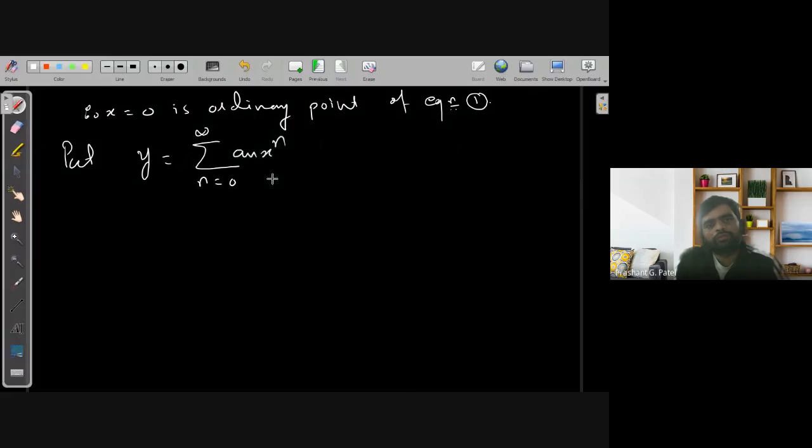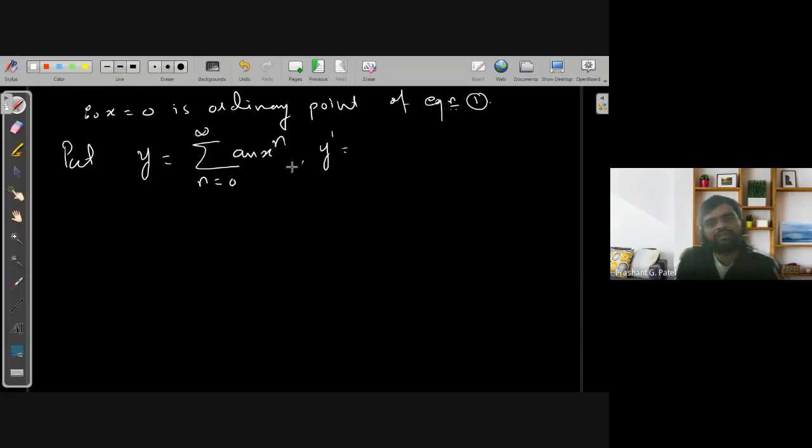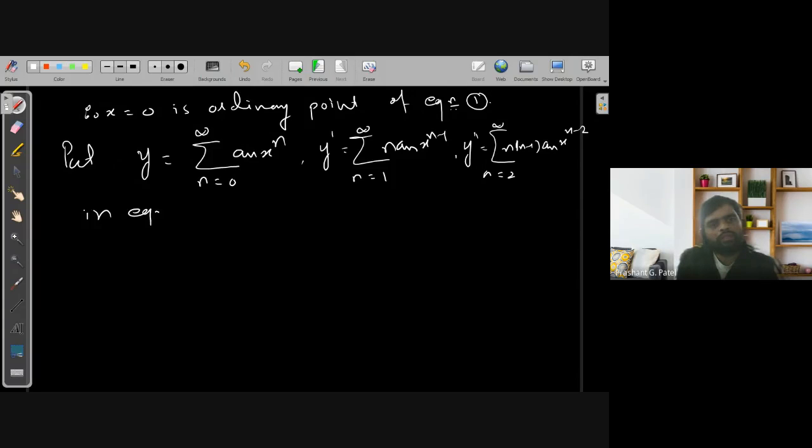That is, we have the solution in a power series. So y dash is summation n running from 1 to infinity n a n x raised to n minus 1, and y double dash is summation n running from 2 to infinity n into n minus 1 a n x raised to n minus 2.